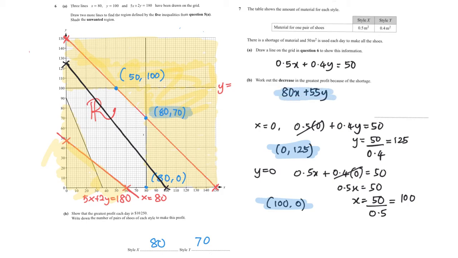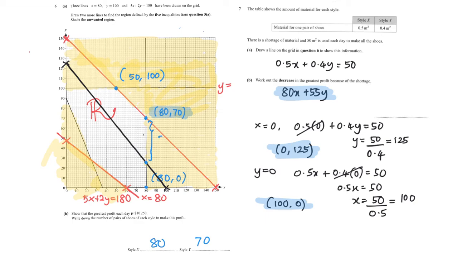I highlight this. And they ask about the decrease because of the shortage. If you see on the graph, from 80, this is where the greatest profit increases, and then it decreased to here. All the values on this line should represent the shortage of material. So we are asking about this amount.